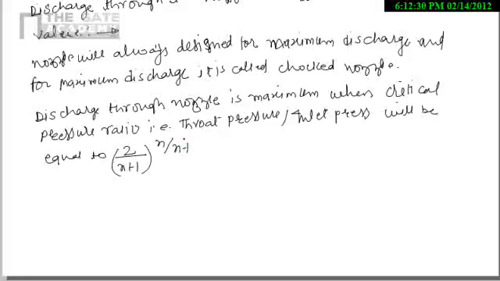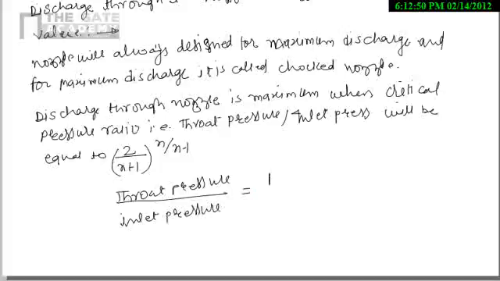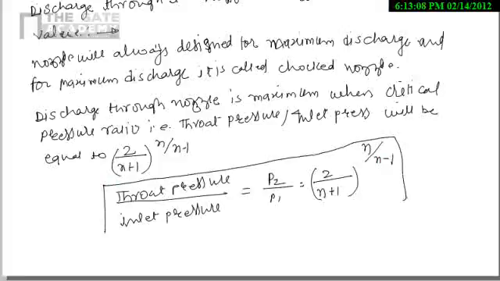Here n is the index of expansion. In terms of mathematics, throat pressure divided by inlet pressure, P2 by P1, equals (2 by n plus 1) to the power n upon n minus 1. Remember this is the condition for maximum discharge.